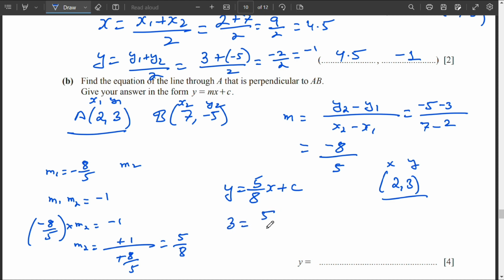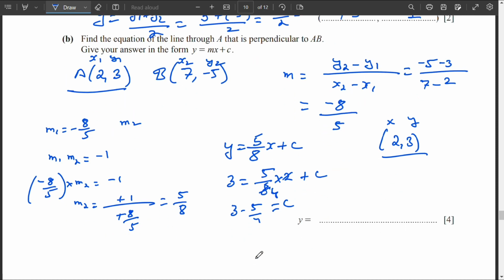So y is 3 equals 5 by 8, what is x? x is 2, plus c. Cancel, this will get 4. So 3 equals 5 by 4 plus c. If you change the side, take it to the left, 3 minus 5 by 4 equals c. So what is 3 minus 5 by 4?